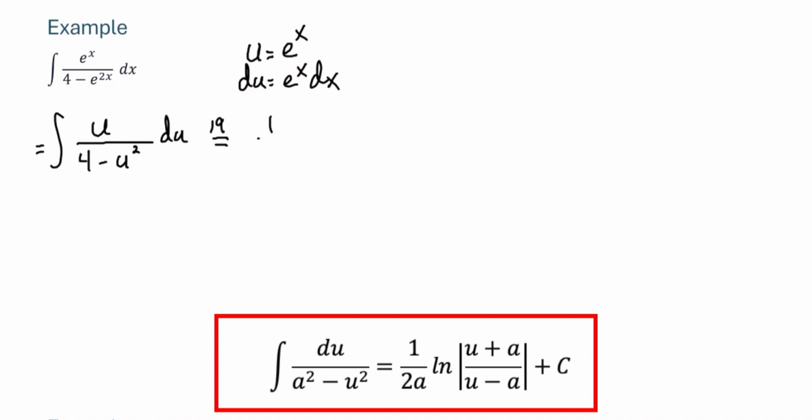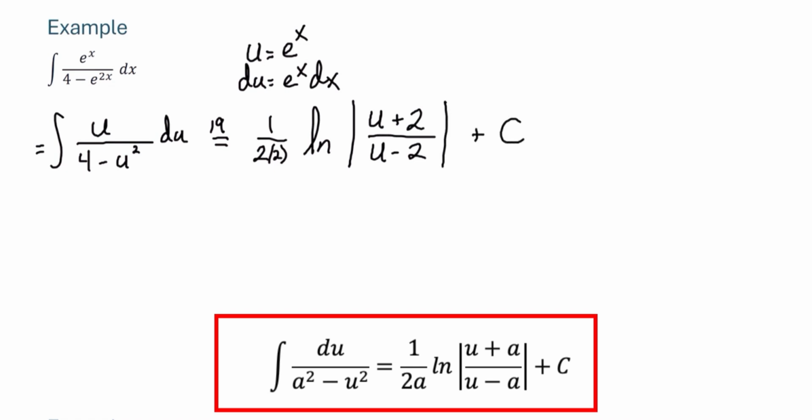We'll use 1 divided by 2 times a, which in this case is 2, times the natural log of the absolute value of u plus a, which again in this case is 2, divided by u minus a, which is 2, closes off the absolute value, and plus c.